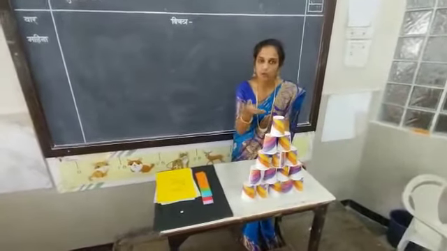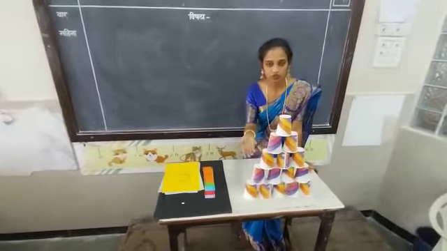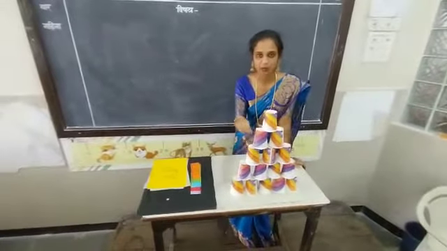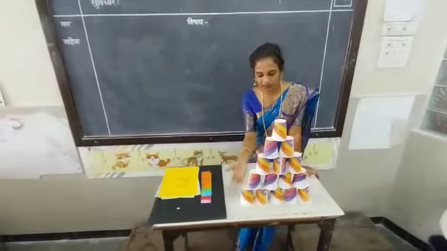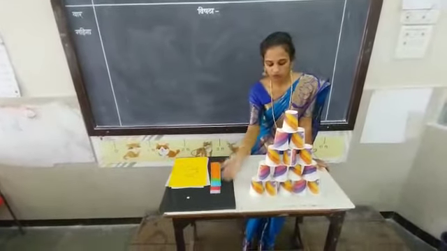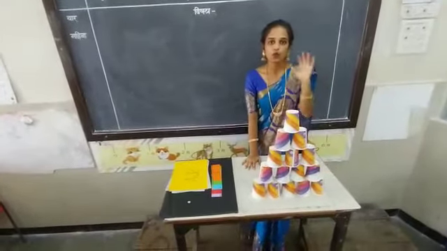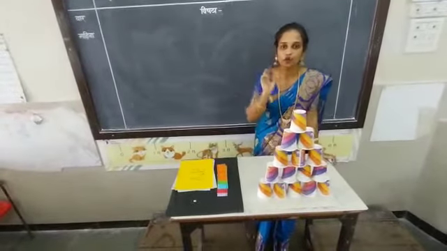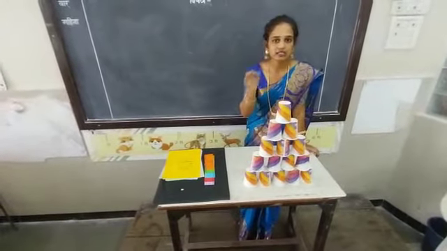That is 2 minus 1, that is 1. The next two, 3 minus 2, is also 1. Then 4 minus 3 is also 1. The last two rows, 5 minus 4, is also 1.